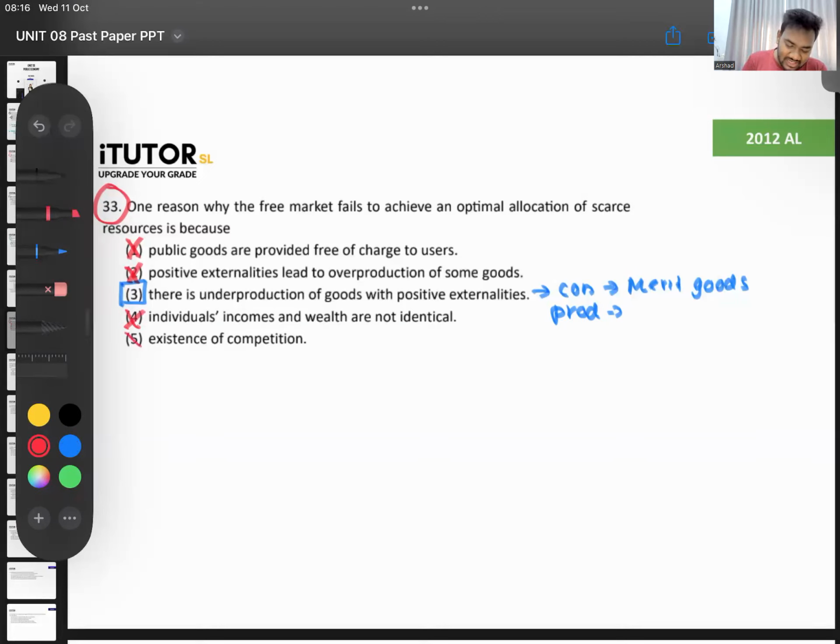Existence of competition, again no. Remember, having competition is good, because when there is perfect competition, producers will charge a price equal to their marginal cost.